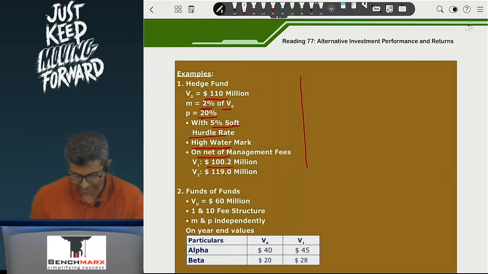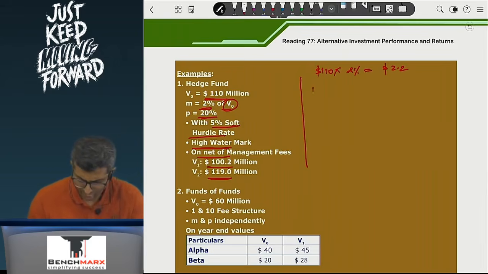If in the first year the fund touches 110, 2% over here is on the value of the initial, so 110 into 2%, maybe this is 2.2, will be the initial management fee.